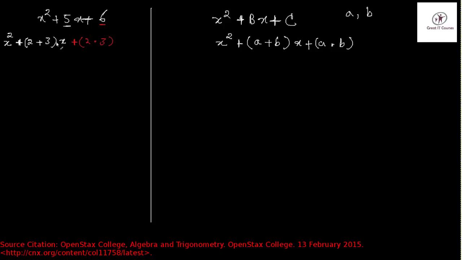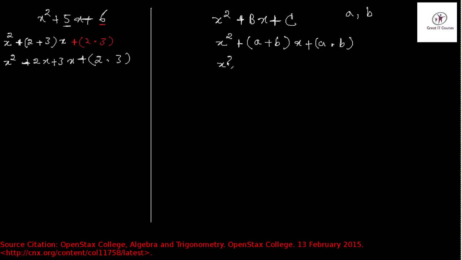Next, I multiplied x into the two terms in this pair of parentheses. So I can write this as x squared plus 2x plus 3x plus 2 into 3. Here I can do the same thing.